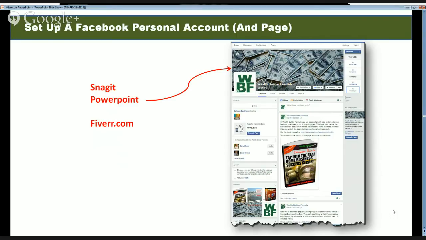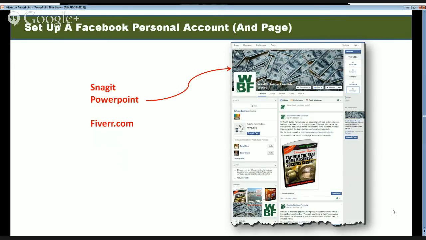Every single graphic you see that we create is done using a combination of Snagit and PowerPoint. Every single one. Now there is another alternative, and that is to let somebody else do graphics for you. You can get that done very, very inexpensively by going to Fiverr.com.